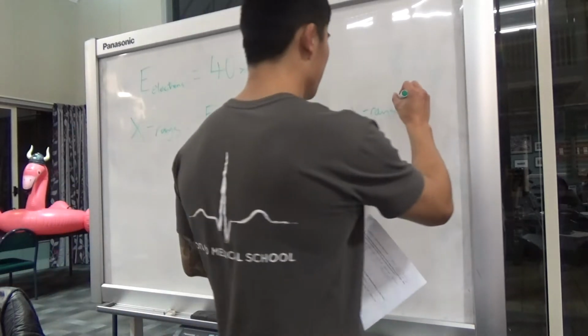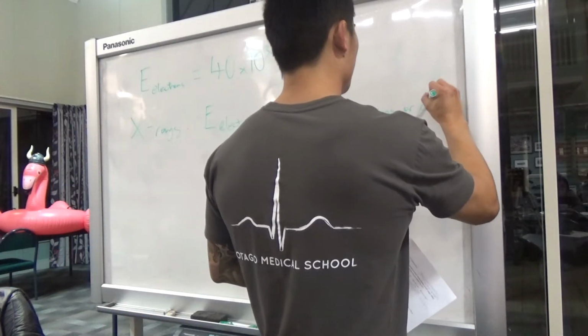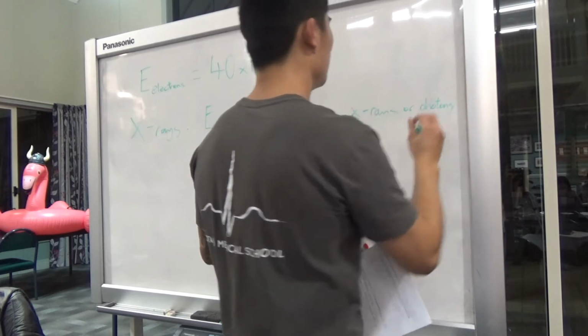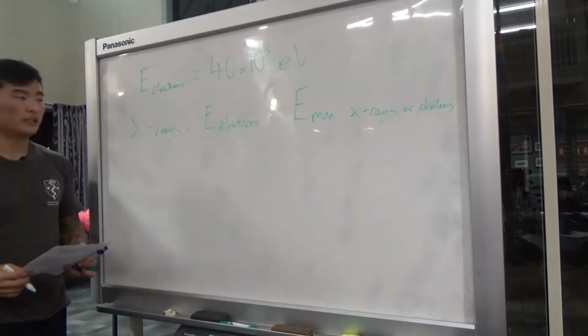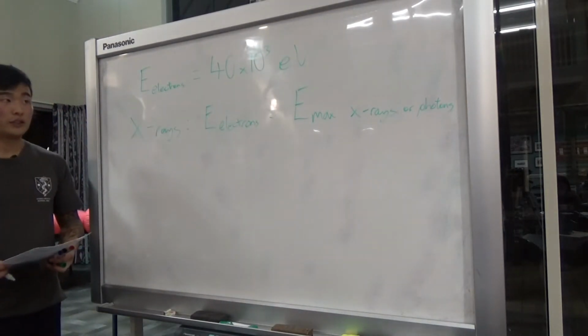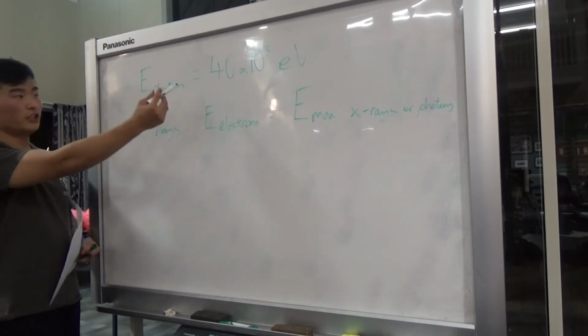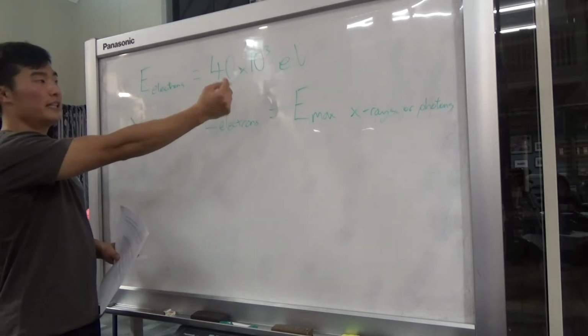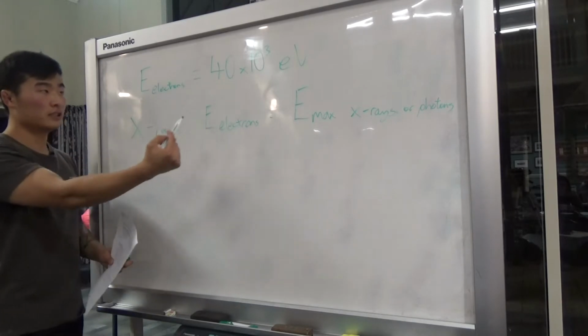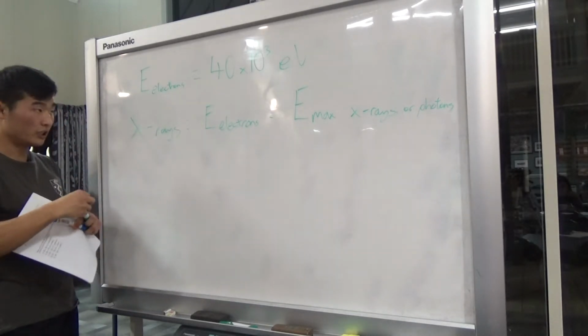So the energy of our photons will also be 40 times 10 to the power of 3 electron volts.